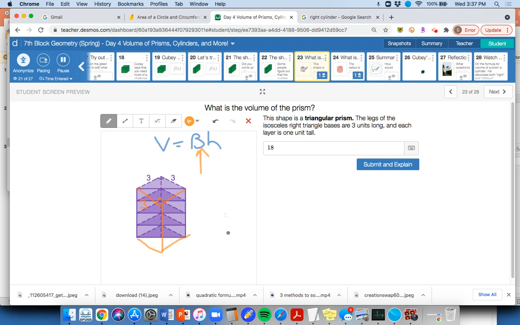Reason? The base area is half as large as the base area if it were a 3 by 3 square. So a right triangle goes by different formulas. So volume on this one: base area 1/2 times 3 times 3, times height, which looks like we have 1, 2, 3, 4 slices, 4 layers, and that will get you to 18 units here.